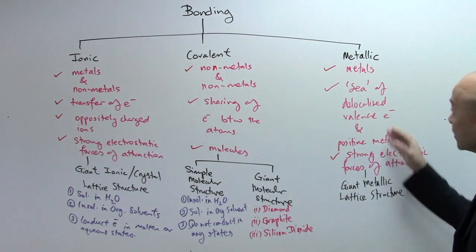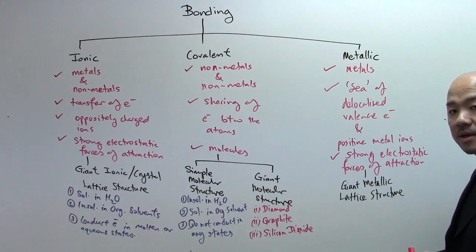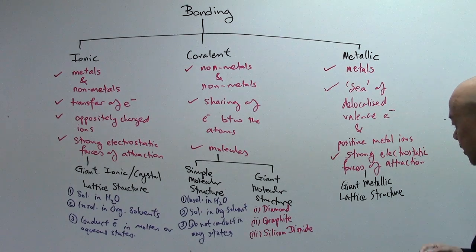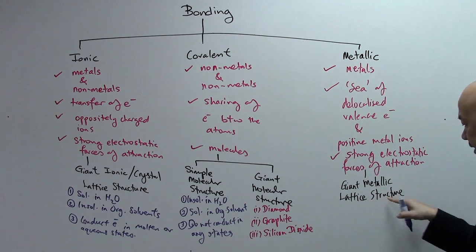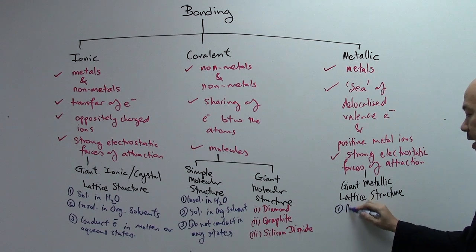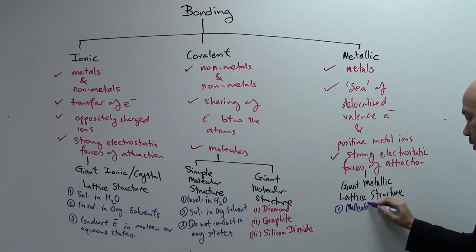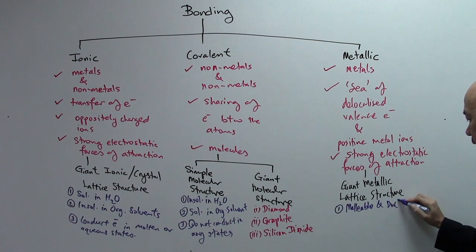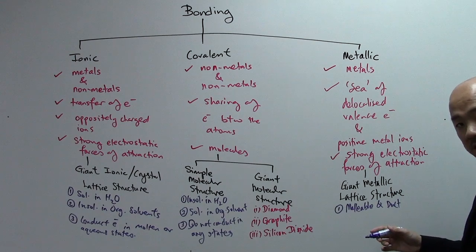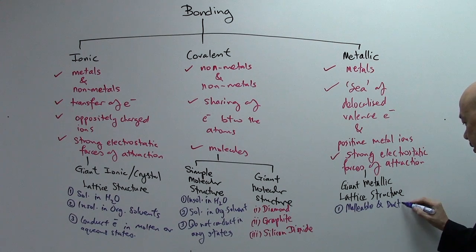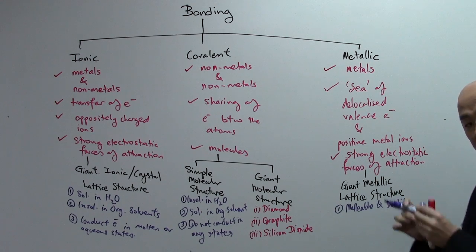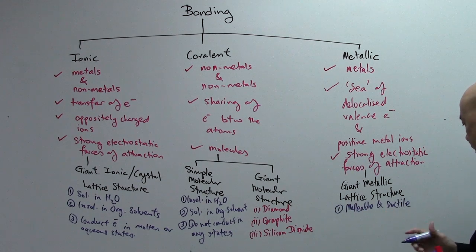Now the last one that we're going to talk about is metallic bonding. So metallic bonding over here, you have a giant metallic lattice structure. The first property is that it is malleable and ductile. Malleable means the ability to be beaten into shapes or hammered into shapes without breaking. Ductile is about the ability to be stretched without breaking.